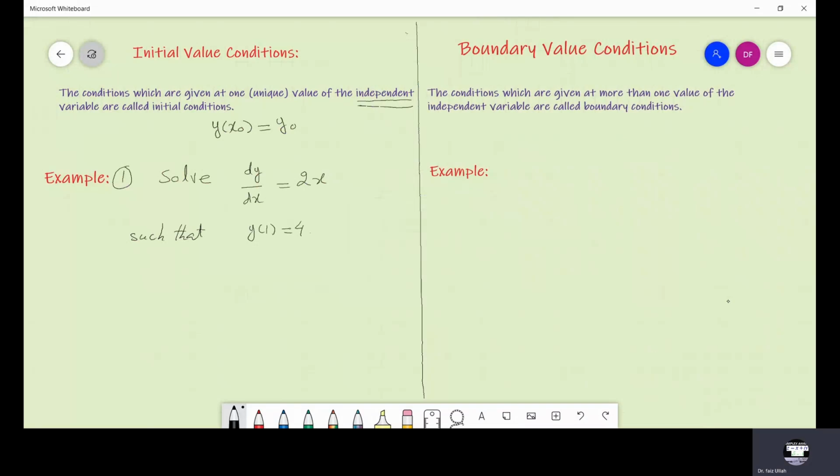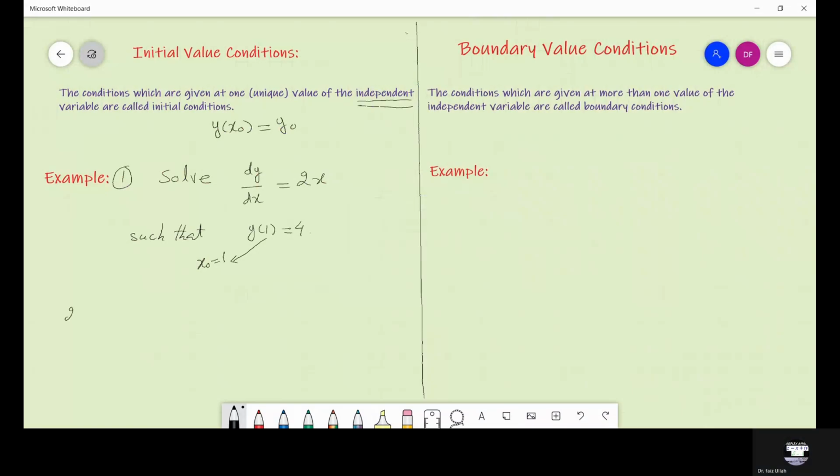In this problem, we have a condition. The condition is given at only one value x naught is equal to 1 of the independent variable. So this condition is an initial condition.